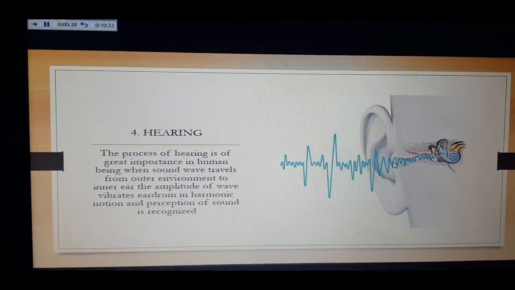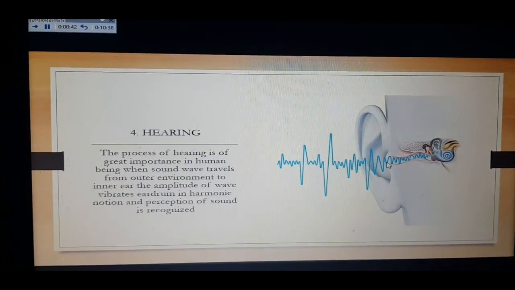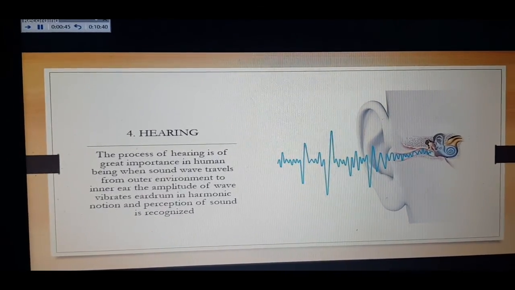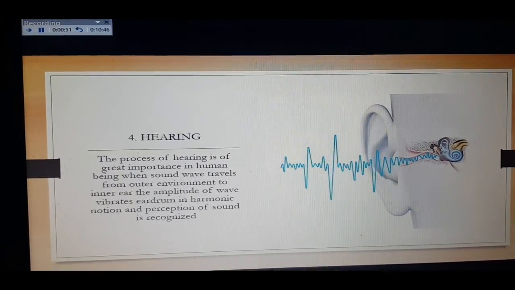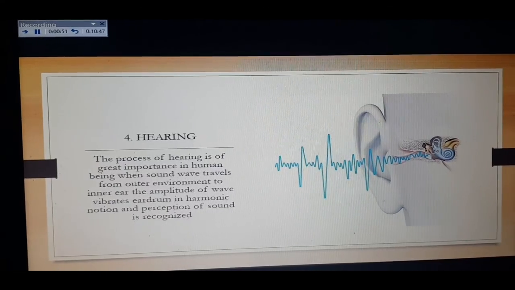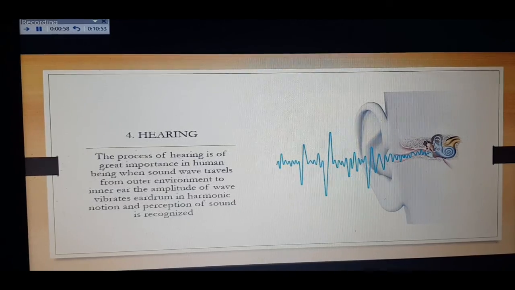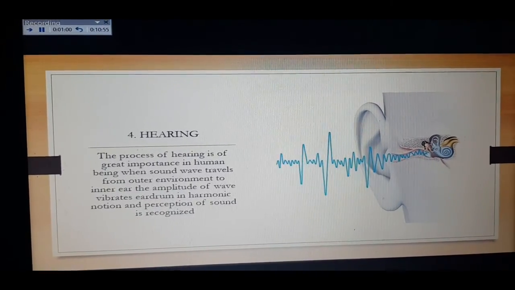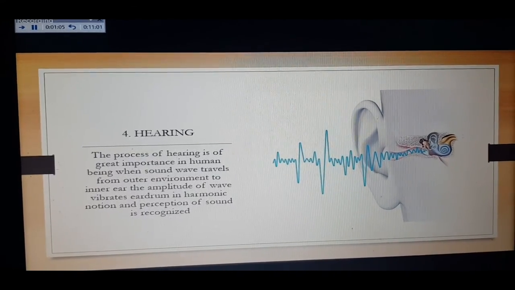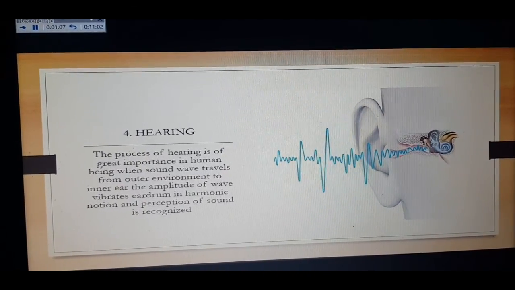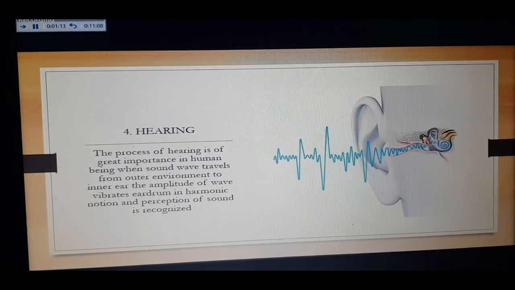In harmonic motion, the perception of sound is recognized. So when you hear sound from anywhere, it is easy for your eardrum to recognize the sound that you hear. Is it a musical sound, or a gunshot, or a bomb, or anything that you can hear from your ear? This is what we call an example of simple harmonic motion.